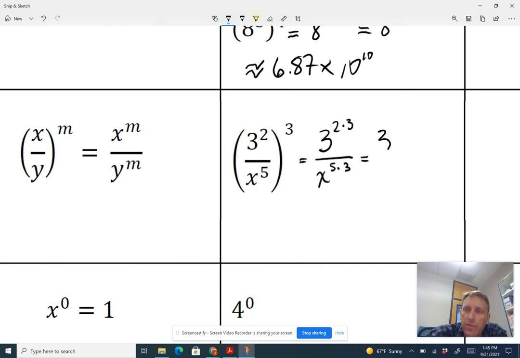And that would be 3 to the 6th power over x to the 15th power. And 3 to the 6th is 729 over x to the 15th.